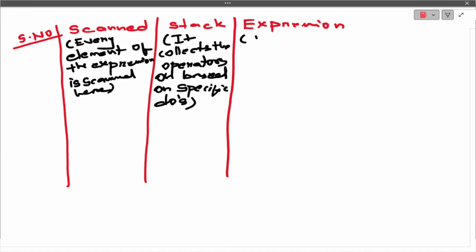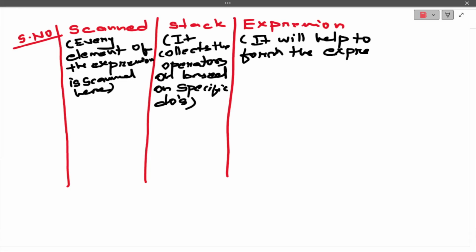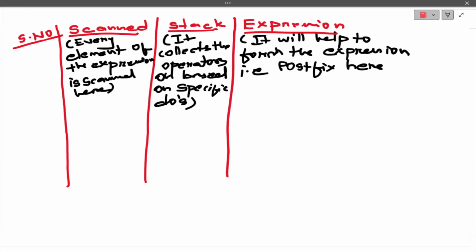This will help to form the expression that is postfix here. Your whole expression will be formed in this particular column, I mean your answer. The serial number is just a counter, you can say.